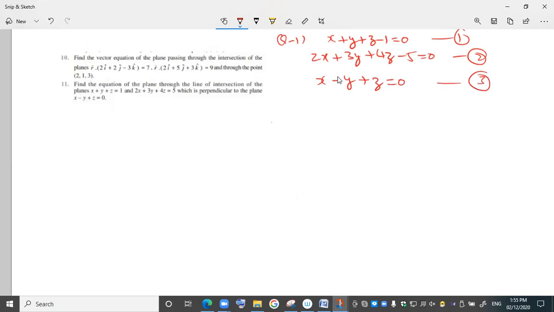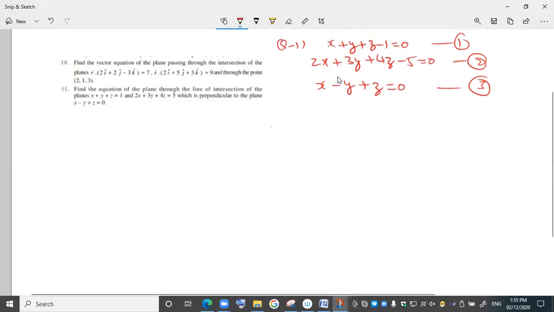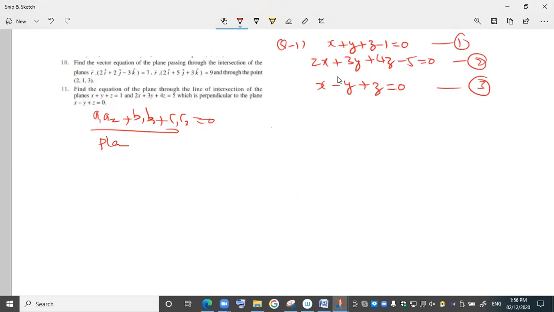Third plane. Okay, here the condition of perpendicularity, if you remember, I'll write it and then I will remove it, and then we will apply it there. Two planes are perpendicular if, with their DRs a1, b1, c1 and a2, b2, c2, a1 a2 plus b1 b2 plus c1 c2 is equal to 0, then the planes are perpendicular.